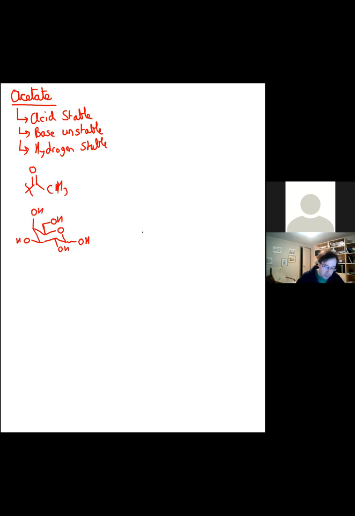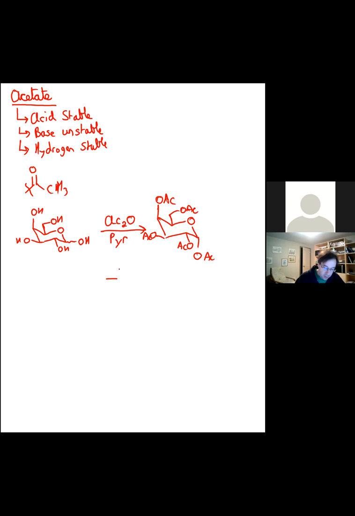We could either treat that with acetic anhydride and pyridine, and we get the peracetate, mostly alpha. Peracetate means it's acetylated everywhere. That's what the per means.